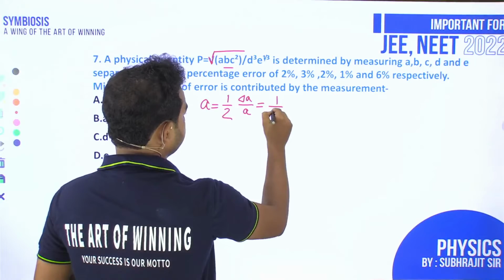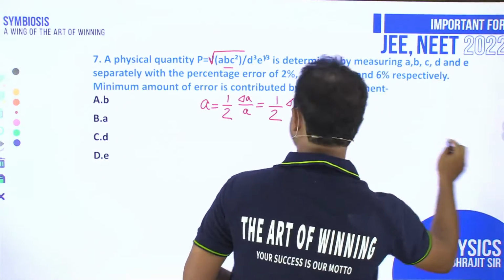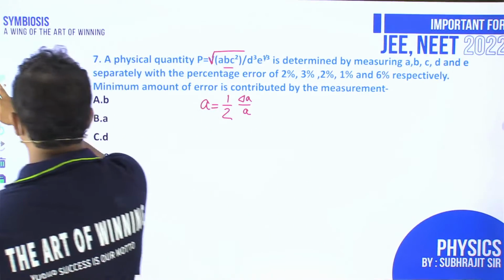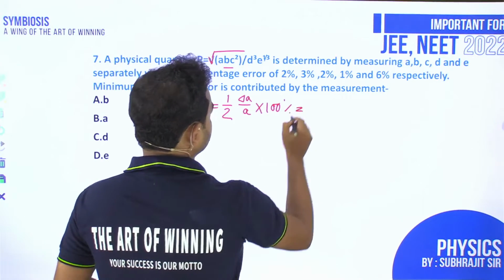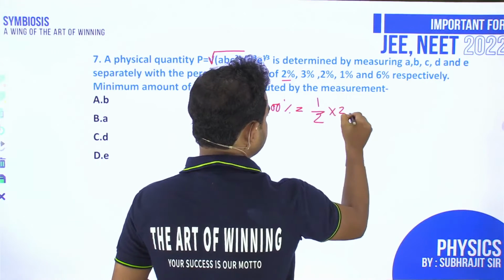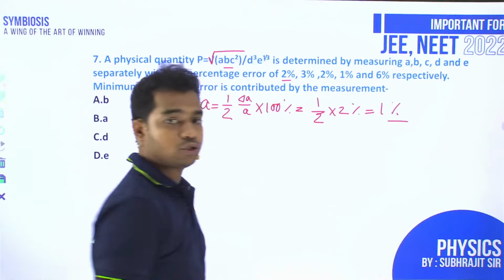So half into 100%, that one is given as 2%. So half into 2%, that means the error contributed by A is equal to 1%.